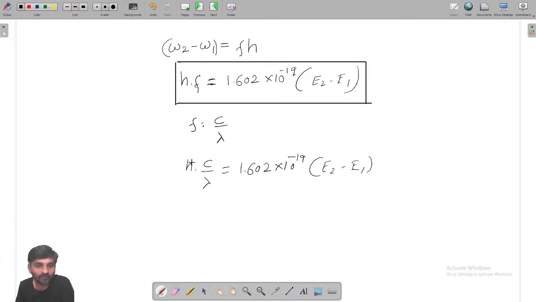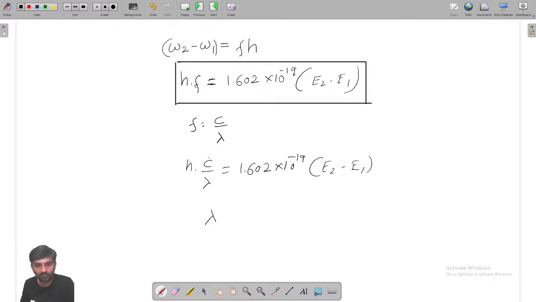Sir, we know the value of h, we know the value of c, and this is a constant. We don't know these two. So if you substitute h and c, what you are going to get is the value of lambda.